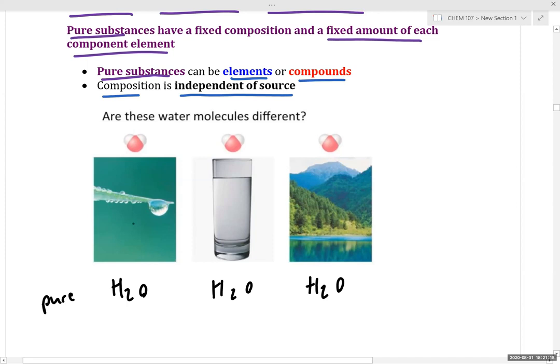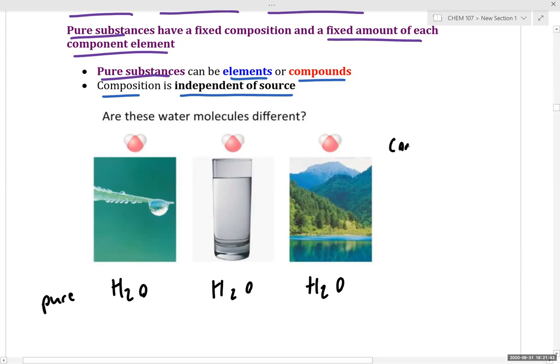If we look at the chemical formula for water and the water molecules, is there any difference between these water molecules? Any difference whatsoever? There's no difference, and this is really important.